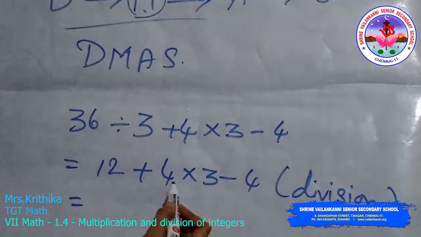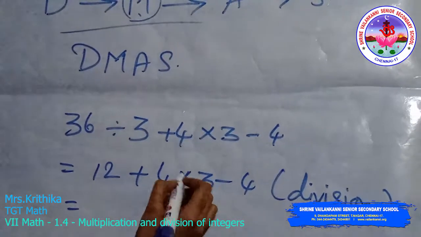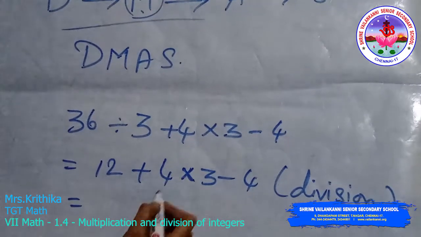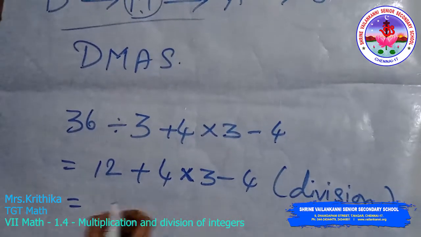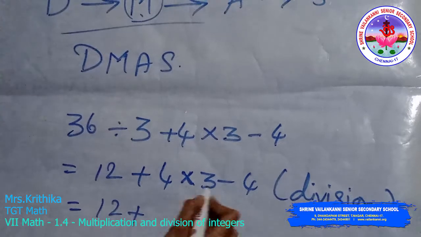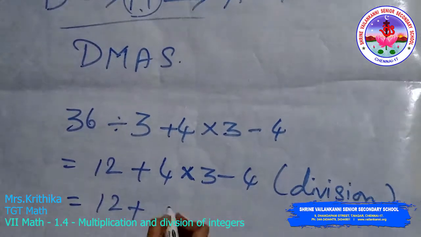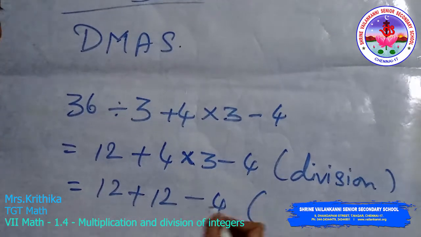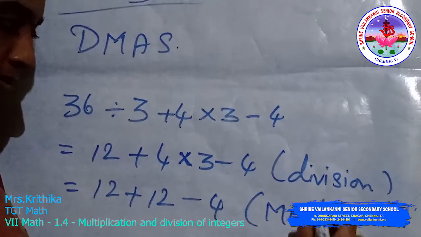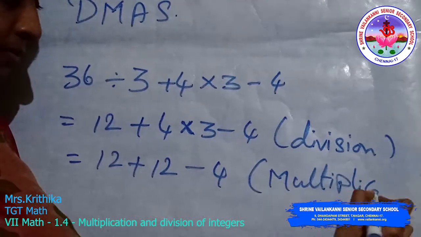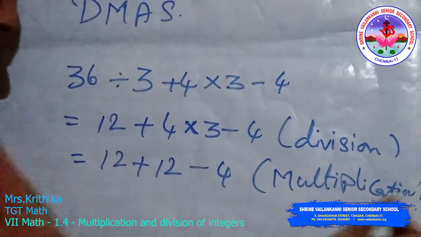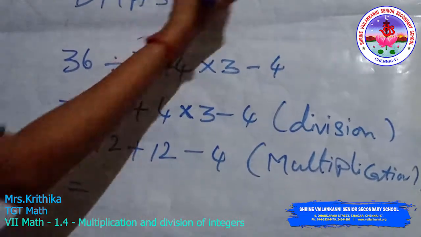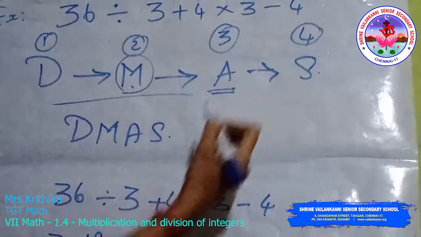Next goes to multiplication. Here multiplication is 4 into 3, 12. Plus, 4 threes are 12, minus 4. Here we used the multiplication. Next priority goes to addition.